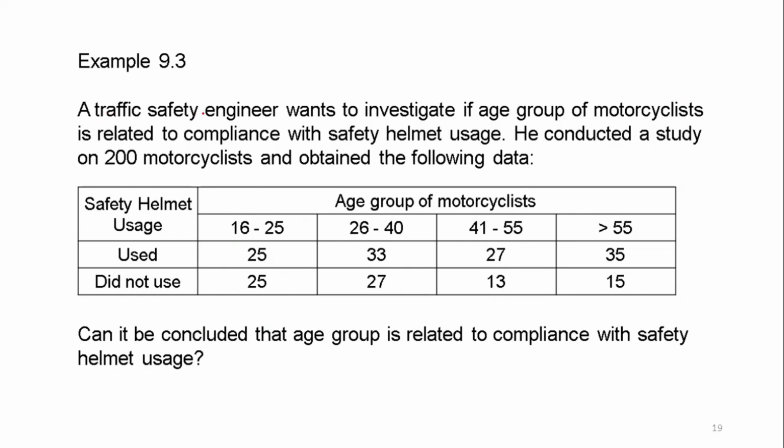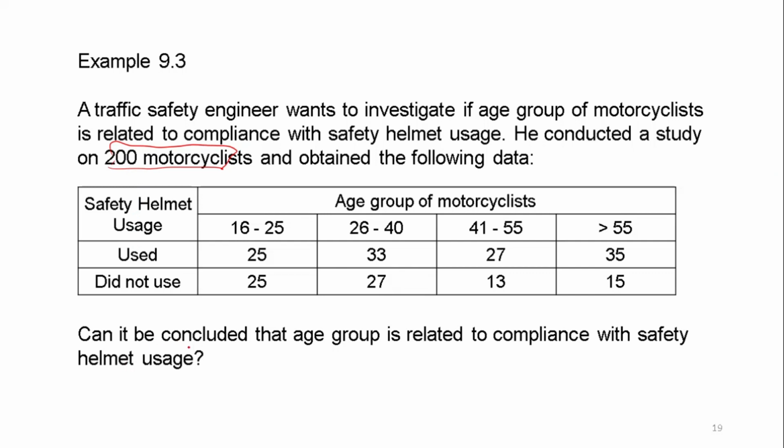A traffic safety engineer wants to investigate if each age group of motorcyclists is related to compliance with safety helmet usage. He conducted a study on 200 motorcyclists and obtained the following results. Okay, so grand total is 200 actually.